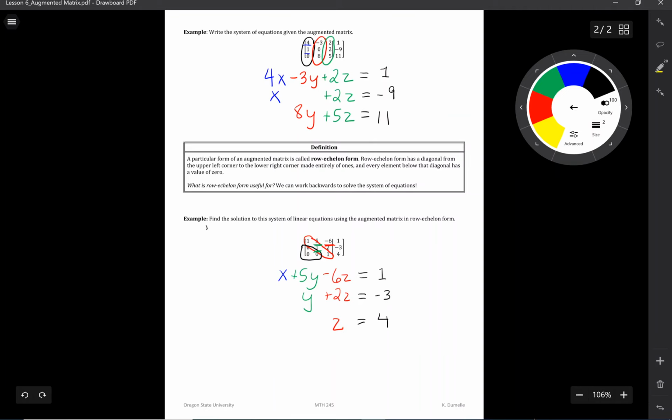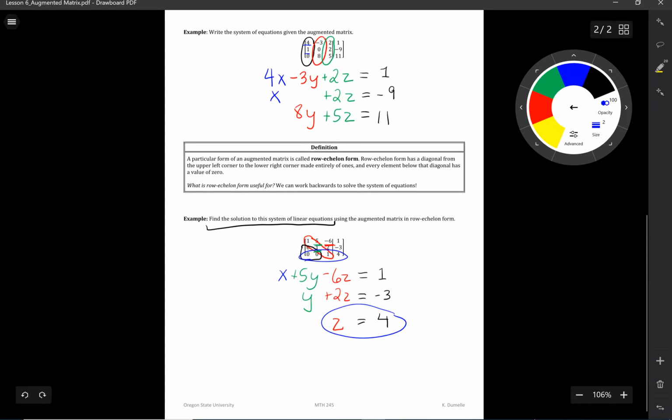So we want to find the solution to the system of linear equations, so I want to solve for x, y, and z. The reason that row echelon form is so handy is because we already have one of our variables solved for. I already have z solved for. Because of this last row right here, it already solves for our last variable.